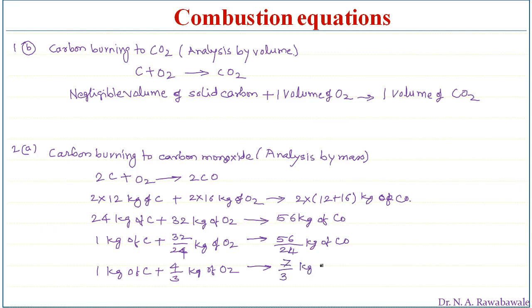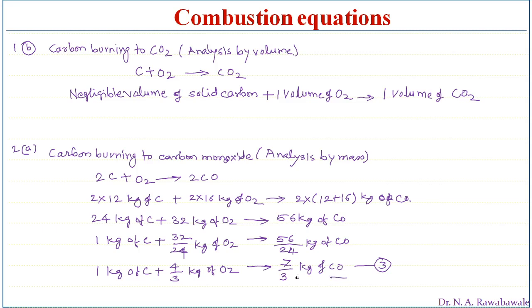We can write this as equation number 3. When 1 kg of carbon is burned in presence of 4 by 3 kg of oxygen, it produces 7 by 3 kg of carbon monoxide along with the heat.